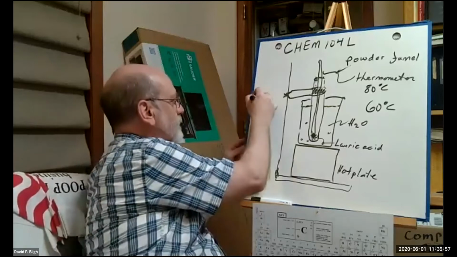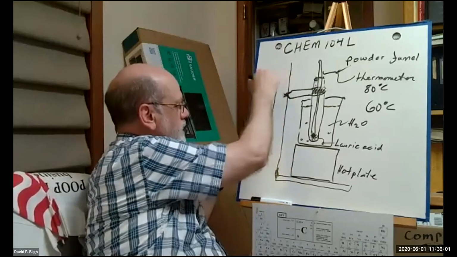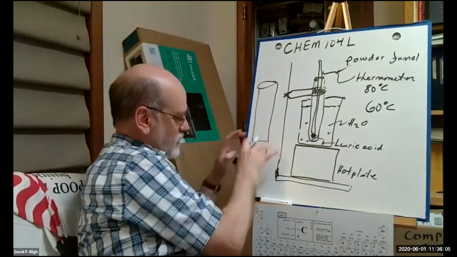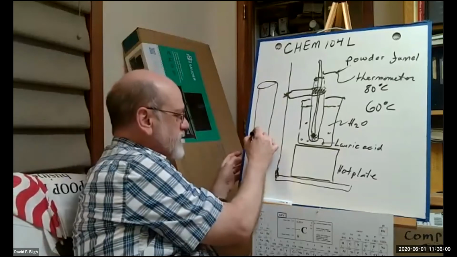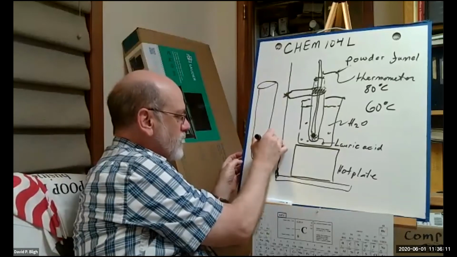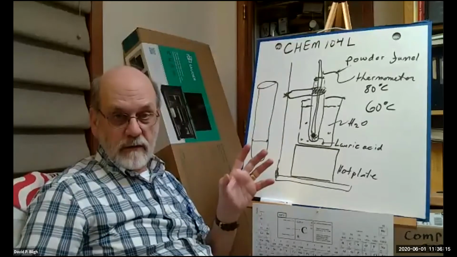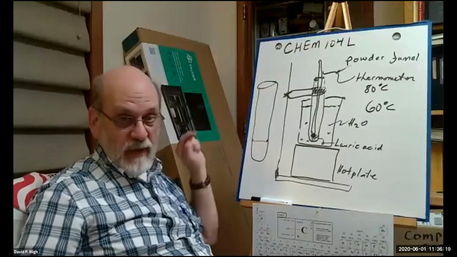Let's blow it up. So there's your tube, and you have the lauric acid in the bottom. It's a liquid. Now, if you start to see crystals forming here and here around the edge, don't be fooled, because those are not at the temperature of the body, right?